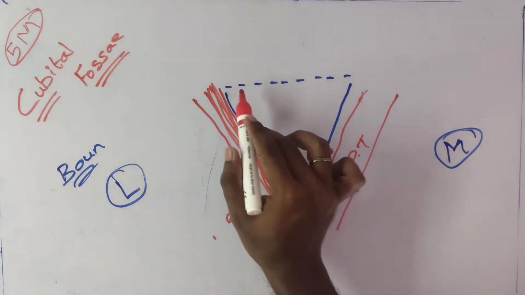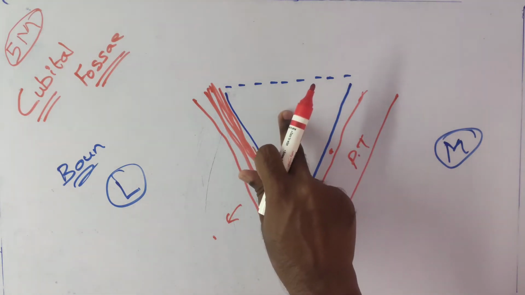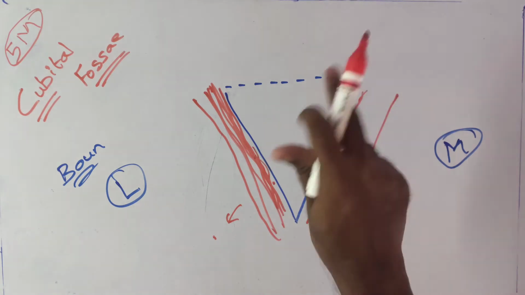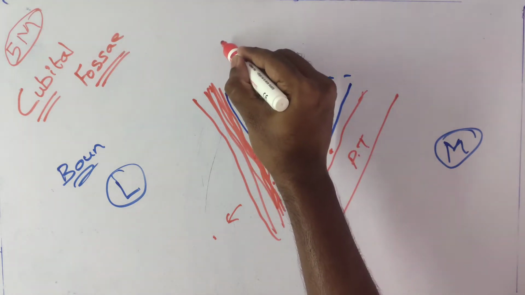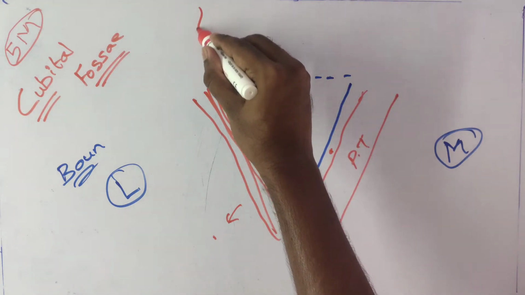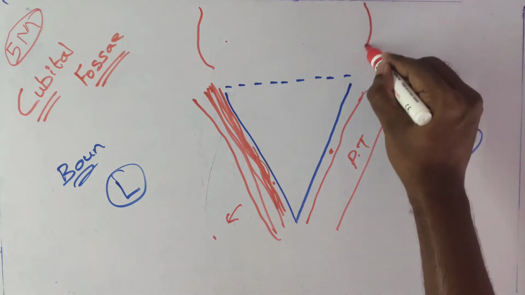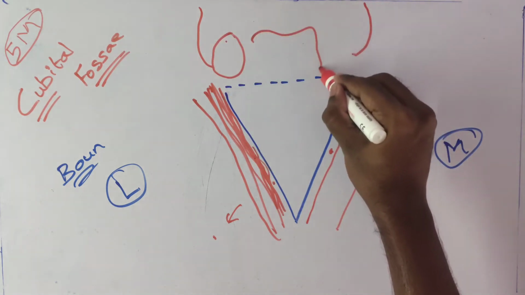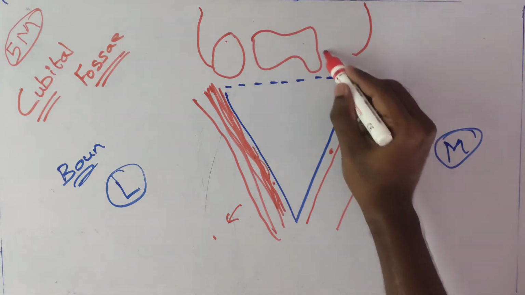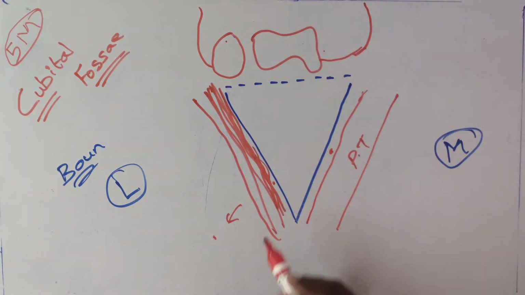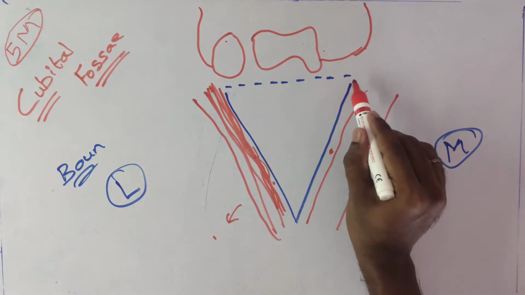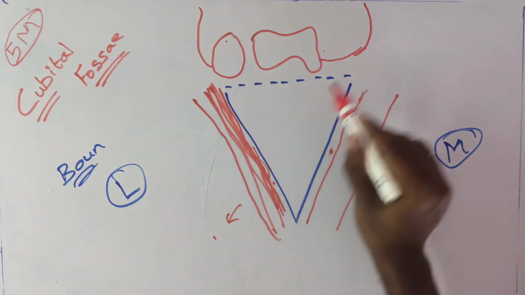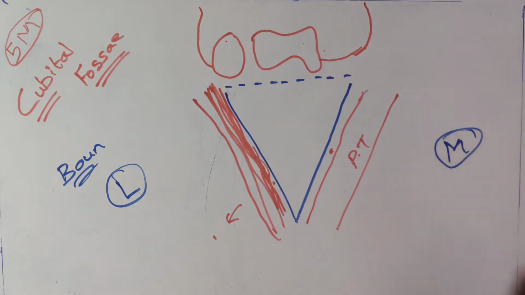Next, coming to the base. Here is the base. It is the imaginary line joining the 2 epicondyles of the humerus. It is the humerus, it is the lateral epicondyle and it is the medial epicondyle. It is the imaginary line joining between the 2 epicondyles. Okay, it is the base.